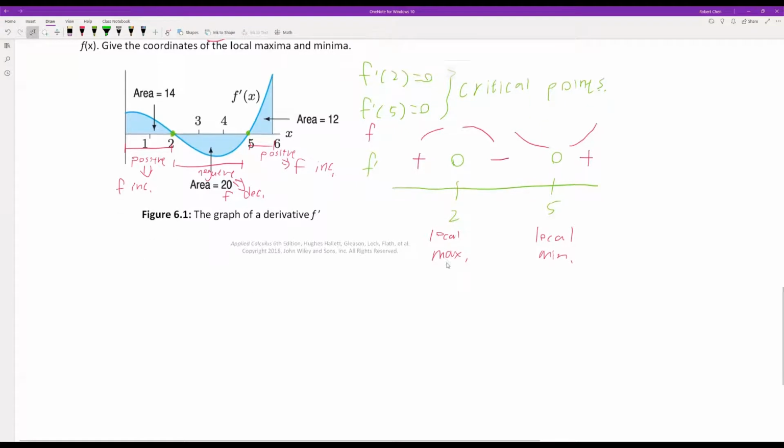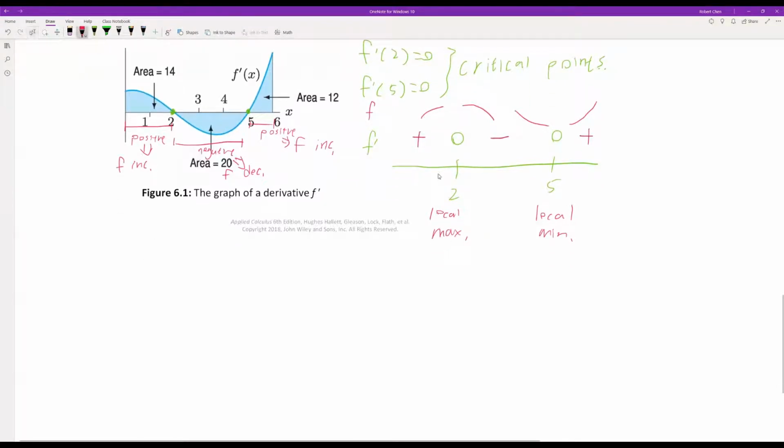Okay, so let's see if we can figure out what our local max value is. To do this, we're going to first write out the definite integral for our first area under the curve here between 0 and 2. So let's call this part 1. The definite integral from 0 to 2 of f prime of x dx.